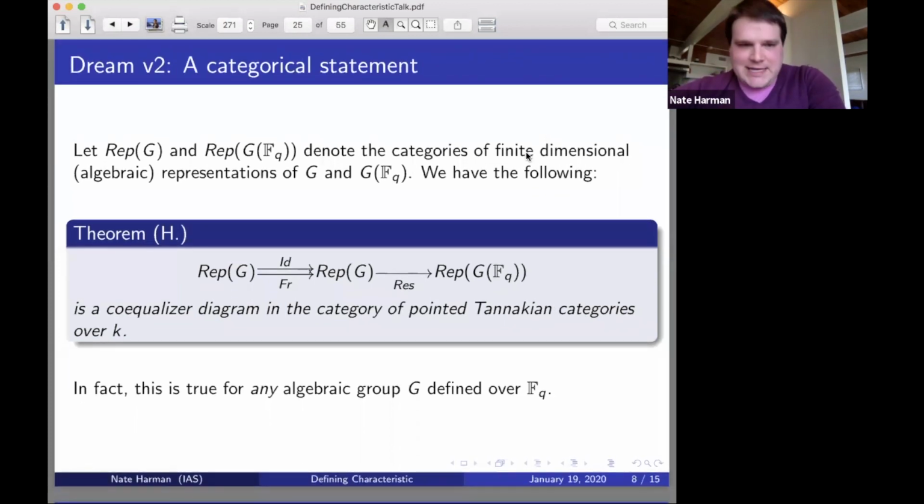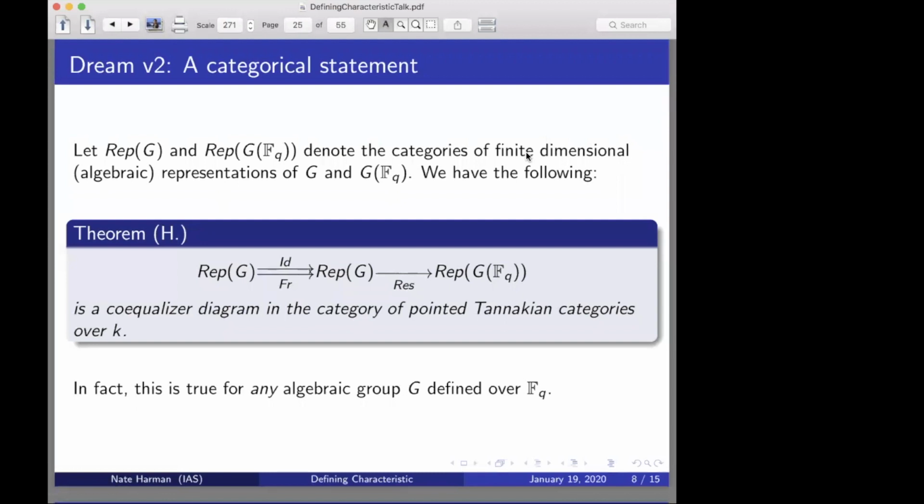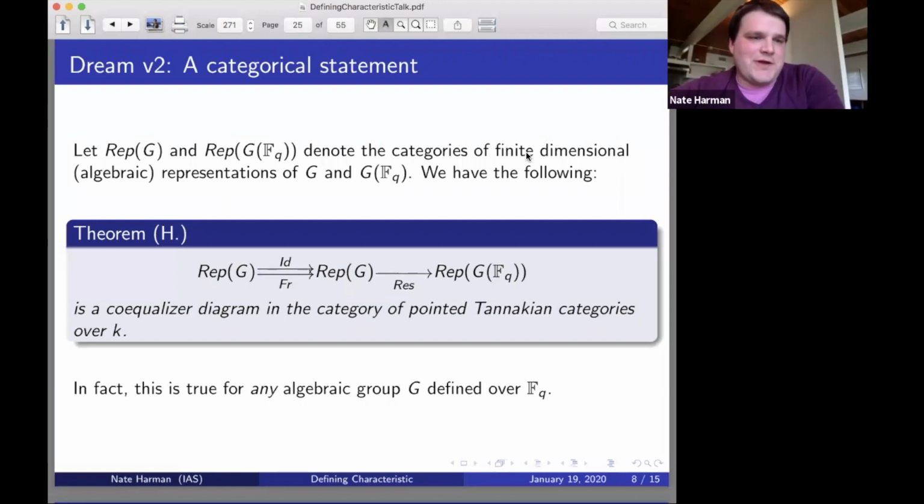What is a pointed Tannakian category, and what are the maps between them? Yes, everything will be monoidal, and even stronger than that. That will be on the next slide or the slide after that. Does algebraic group mean linear algebraic group? Yeah, this is true for linear algebraic groups.